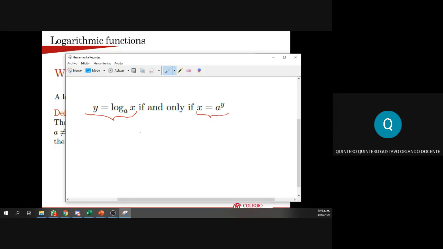Remember, you can change a logarithm to an exponential, and also you can change the exponential into a logarithm. How do you do that? It's pretty simple. Just follow the order. Whenever you find the exponent, you locate it on the other side in the position where the exponent will be. Since I'm calling the exponent y, the position will be here in y. I'm going to do an example about this right now.